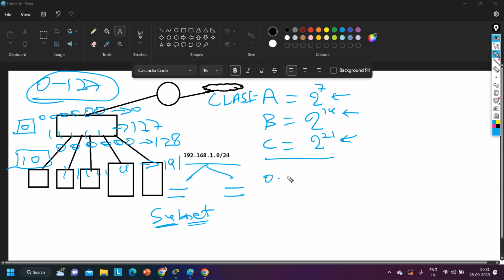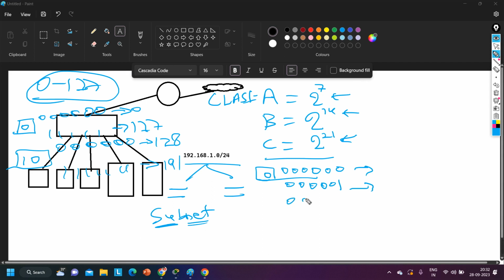Okay. The first network is not 0.0.0.0. In the first octet, the first bit will always be 0. This is reserved, and the rest of the bits can be 0, 0, 0, 0, 0, 0, 0, then 0, 0, 0, 0, 0, 0, 1. This is the first network.